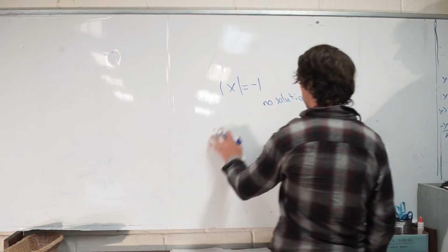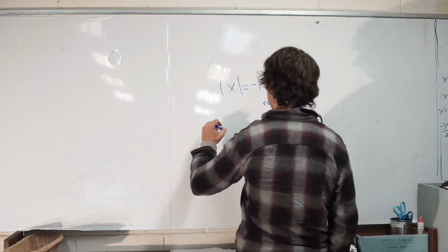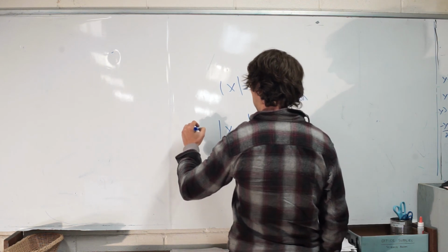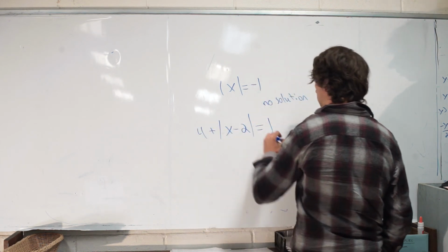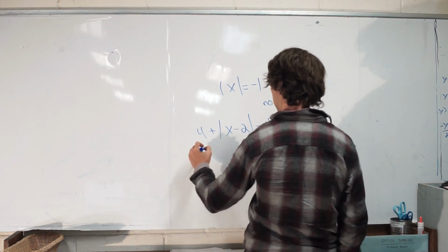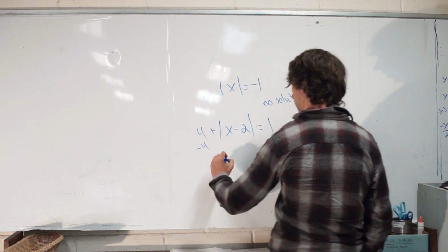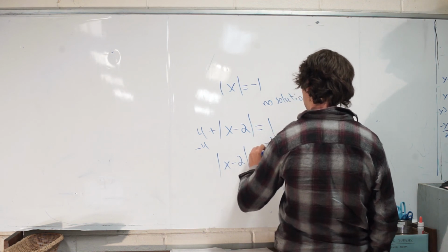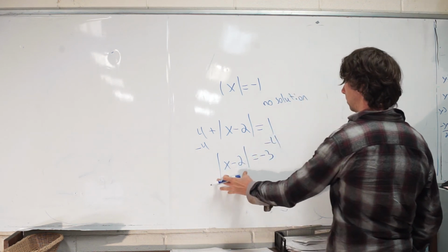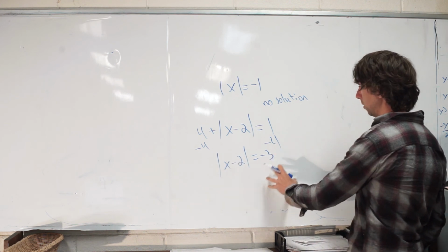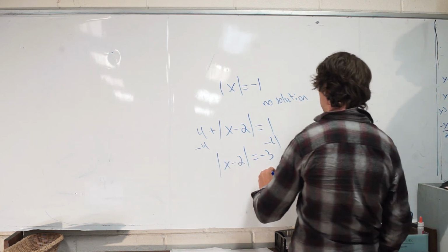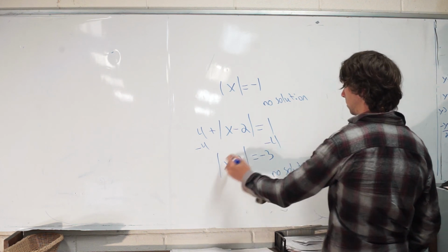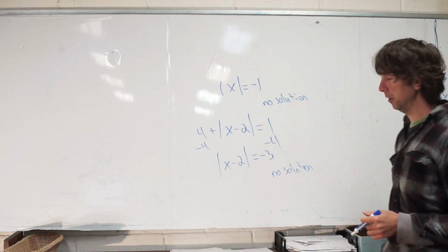And any time you're solving your equation with an absolute value in it, anytime you wind up with an absolute value of something equals some negative number, you can tell immediately, oh, there's no solution. Because there's no way this side of the equation can have a negative value.